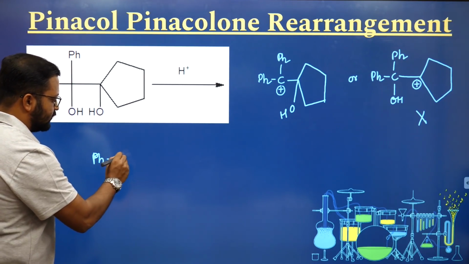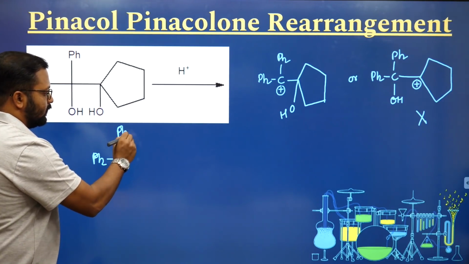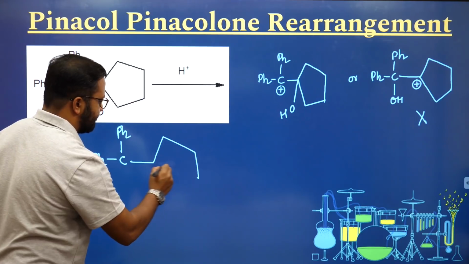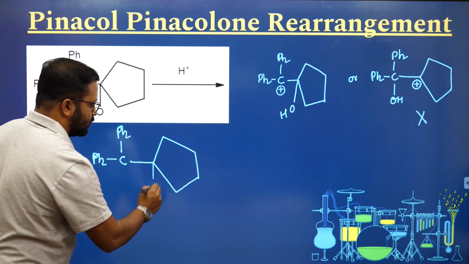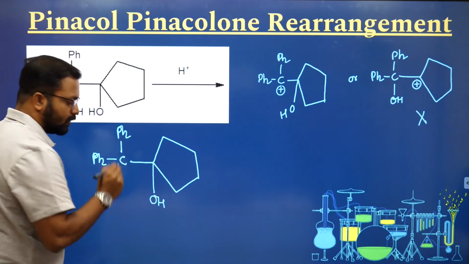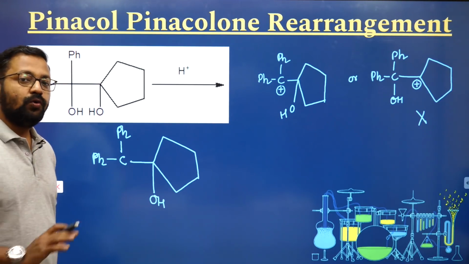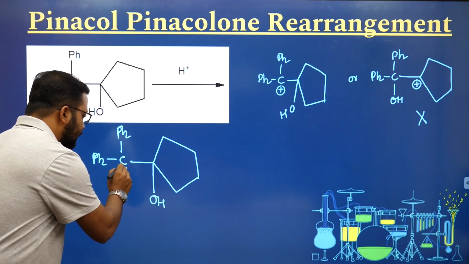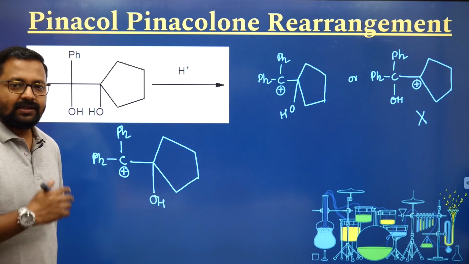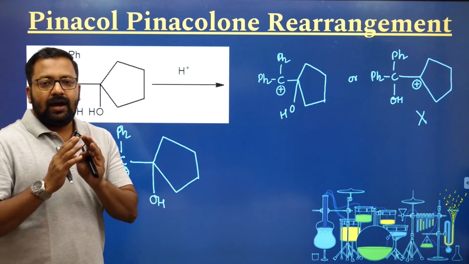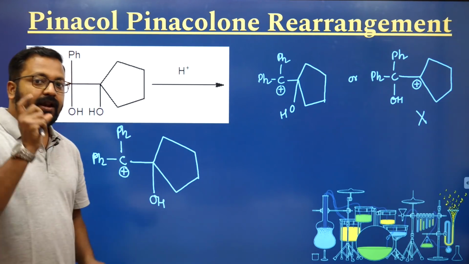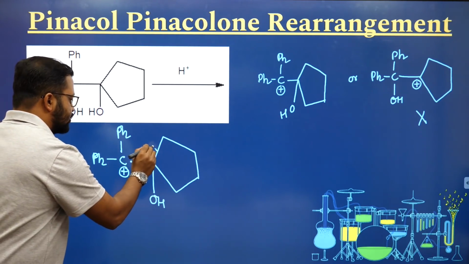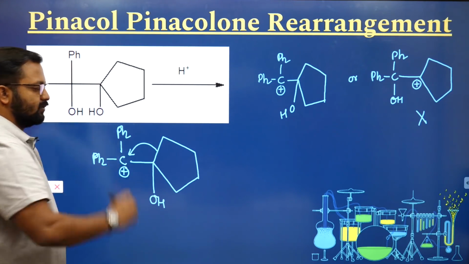We have this. I had taught you in Wagner-Meerwein rearrangement that there is a certain method of rearrangement where the ring expands. So in this case, ring expansion will take place.